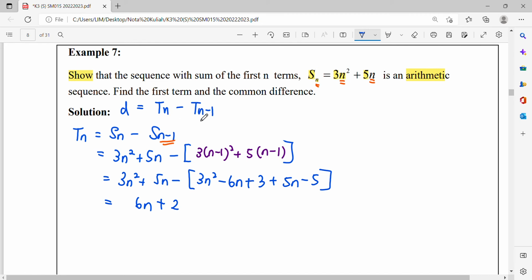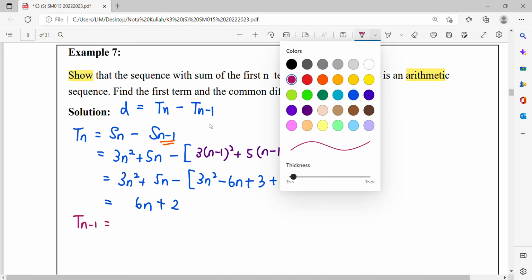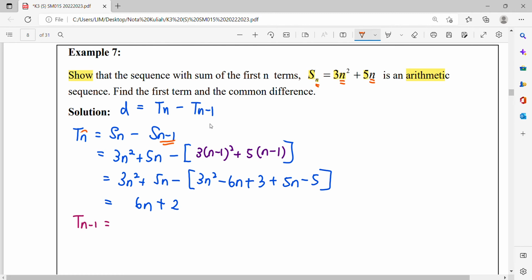Then we find the term before it. We don't have any value because this n term is unknown, so we can just give a formula pattern for it. We want to obtain Tn minus 1, which means our n here can be substituted by n minus 1.